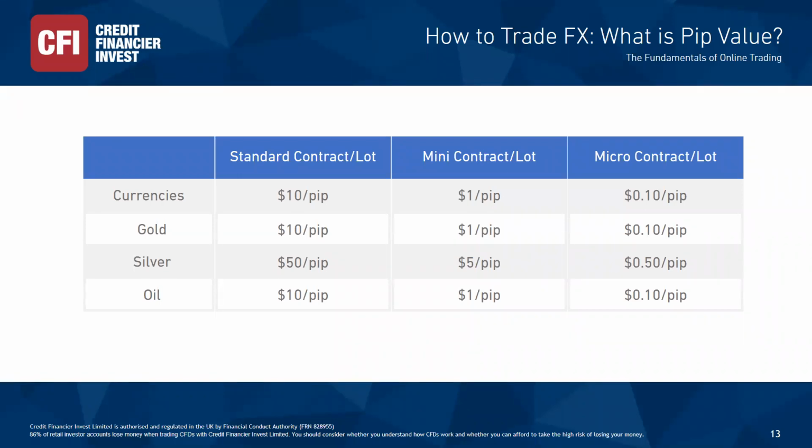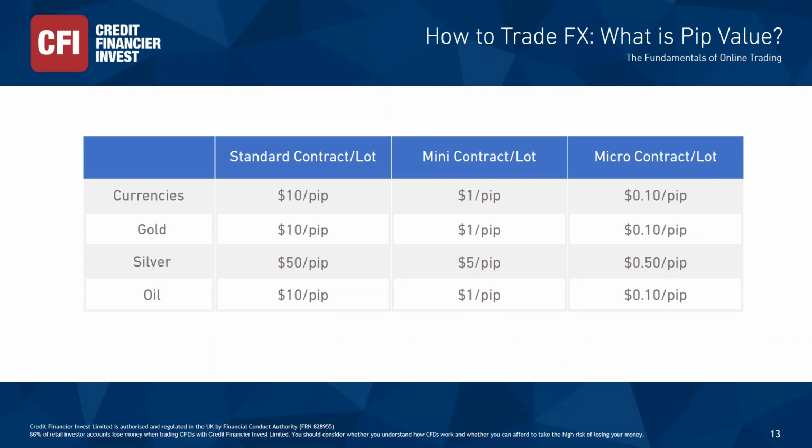Which essentially, when you do the conversion, would be close to $10 anyway. But I just wanted to give you some of the differences sometimes when you're trading, depending on the quote currency. But let's stick with the basics. So it would be $10 per pip for the standard contract, $1 for the mini contract, and 10 cents per pip for the micro contract.